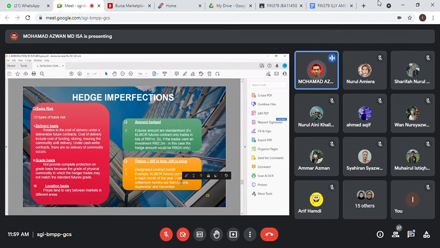Or you want to borrow in May, but there is no May contract. You have to choose June for your May borrowing. That is the timing difference.